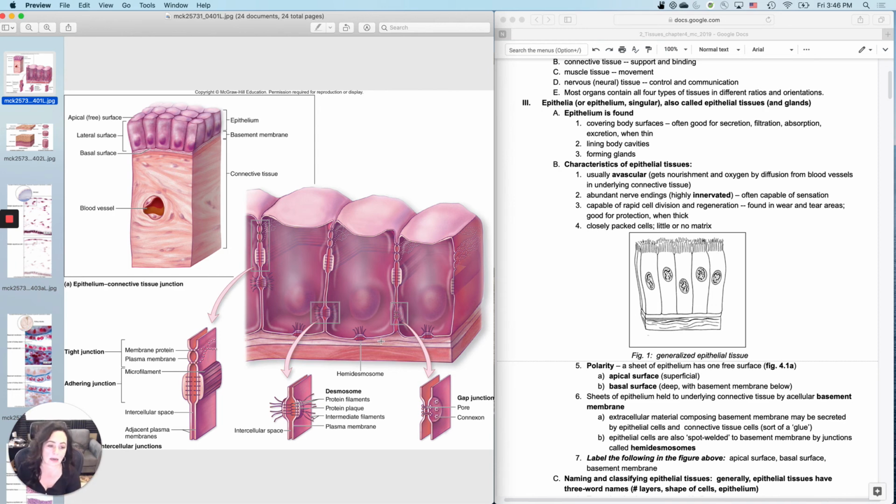Okay, so now let's just make it a simple labeling thing that we're going to do in this little figure in your notes. So with this in mind, hopefully now what you can do is label the apical surface, the basal surface, and the basement membrane.